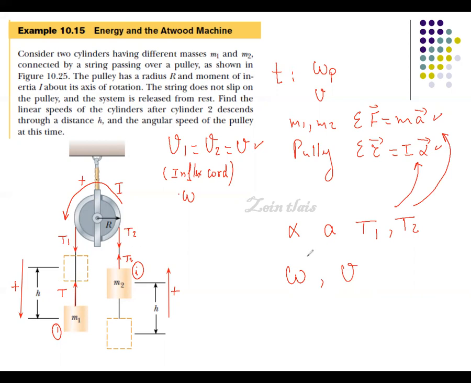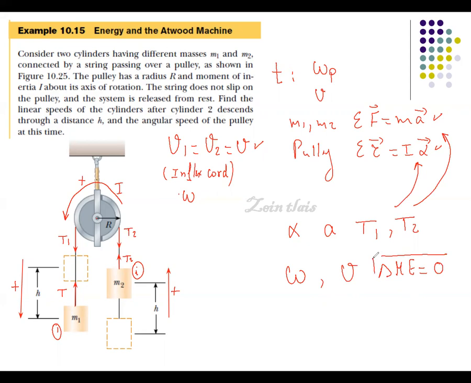If I ask you to calculate omega and V, we don't need to take each object alone. We can go directly to the conservation of mechanical energy. It's better. As you see here, we don't have friction between the axis and the pulley, and we don't have friction between the cord and the pulley. So we can say directly delta mechanical energy equals 0.